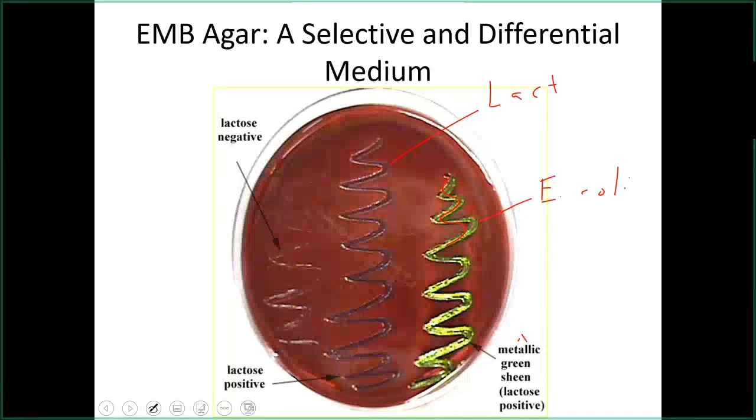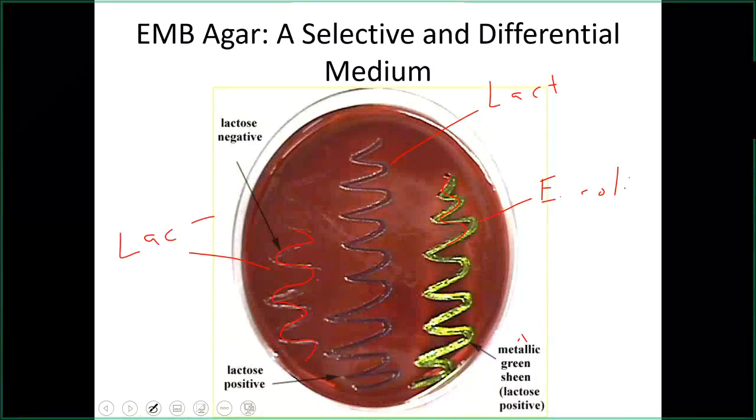And then over here you can see there's growth. You can tell that there's something there. But if you look at the color of the growth, it's clear because you can see the agar on the other side of it. Right? So these are clear colonies. This is an organism that's probably a gram negative, but it is lactose negative.